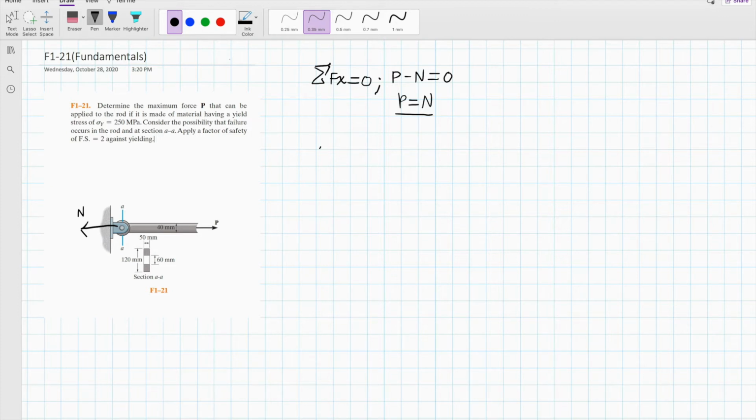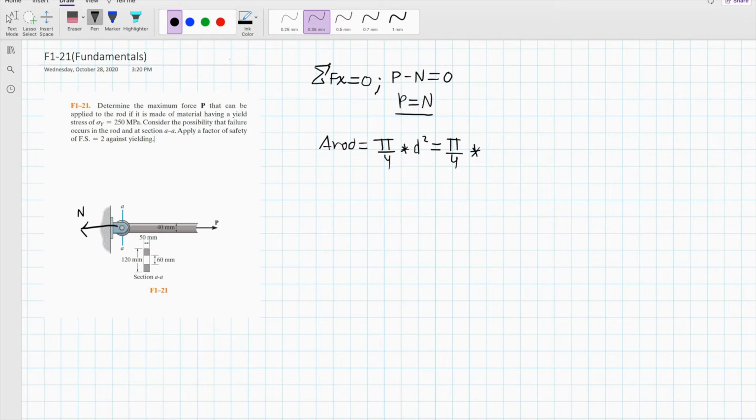Now we calculate the area of the rod. We have a circular cross section, so for that reason we're going to do pi over 4 times the diameter squared. We're given a diameter of 40 millimeters.